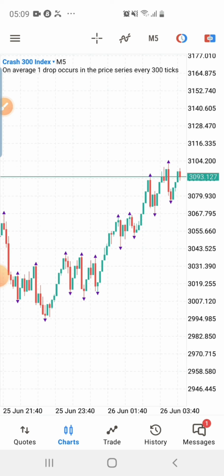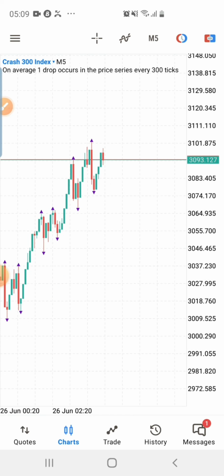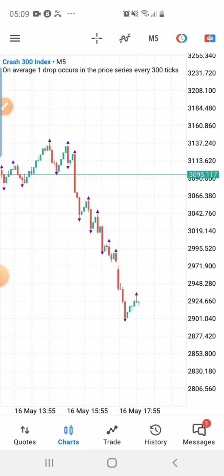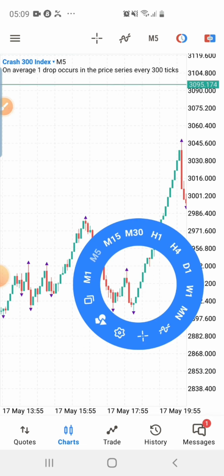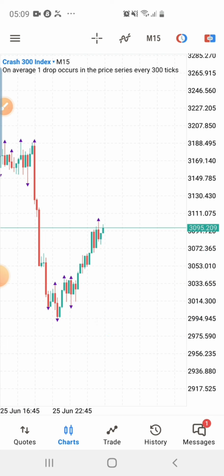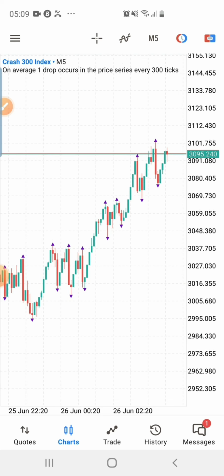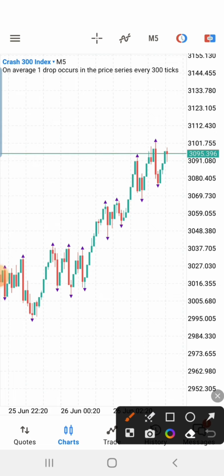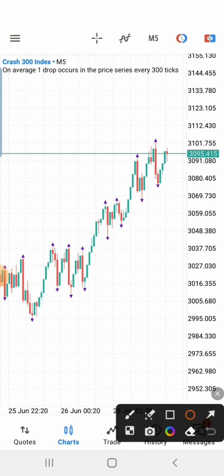But with this fractal, all you need to do is draw a diagonal line and make sure it's touching two or more fractals. So what I need to do now is pick a trend line, making sure I'm connecting maybe 1, 2, 3, 4, any. As long as it's touching two or more fractals, that means you are good to go.